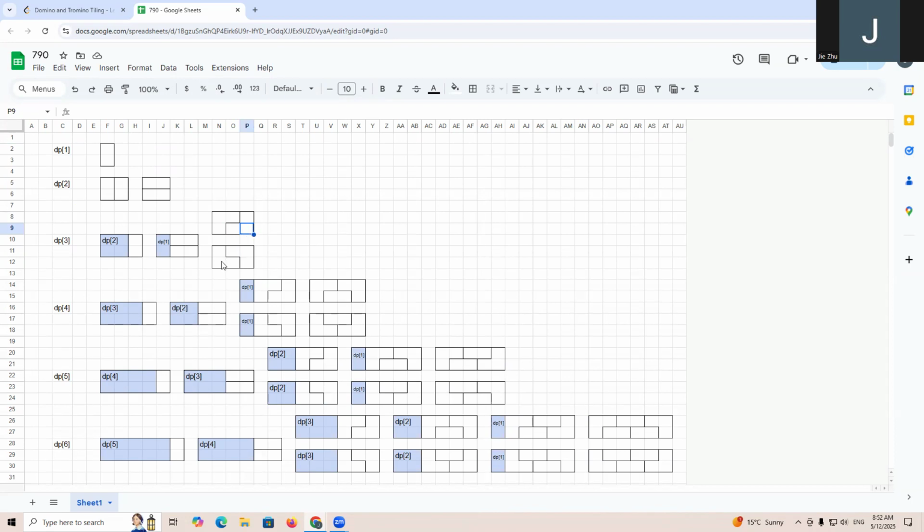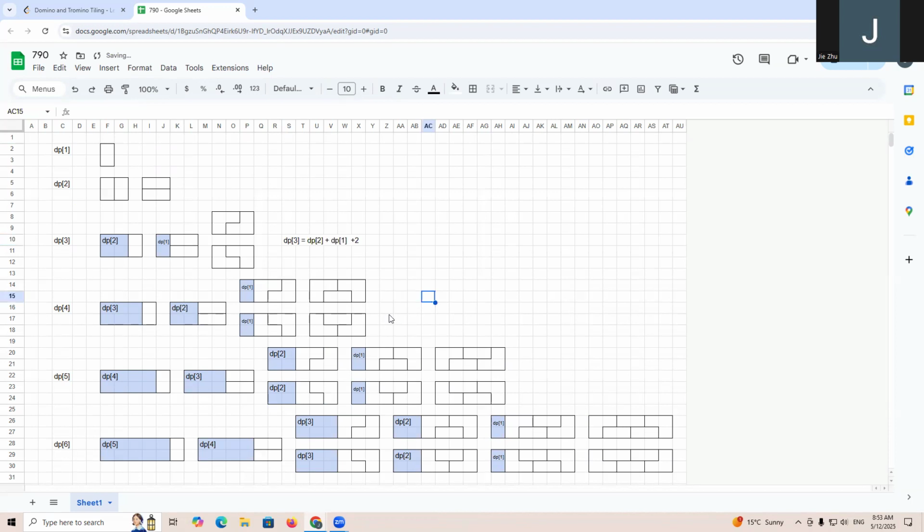Or we have the one on the bottom first, and then the one on the top. So that means dp3 will be equal to dp2 plus dp1 plus 2.